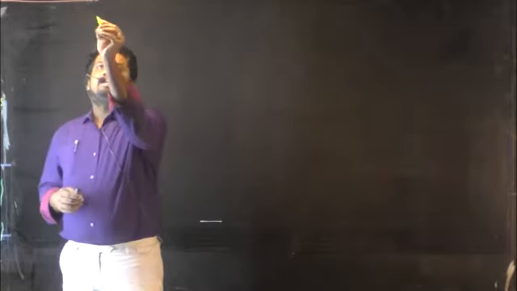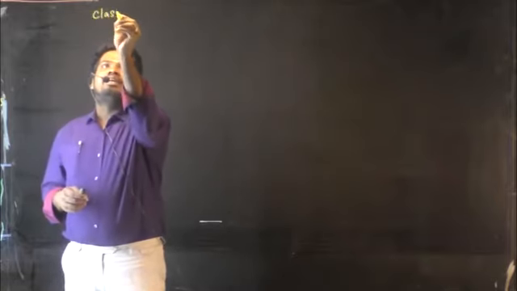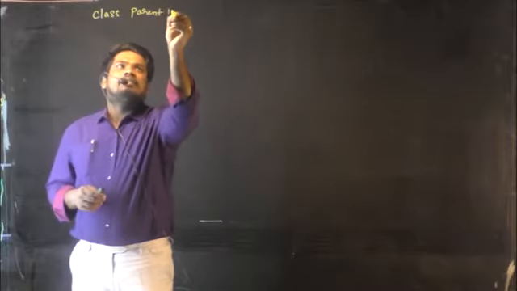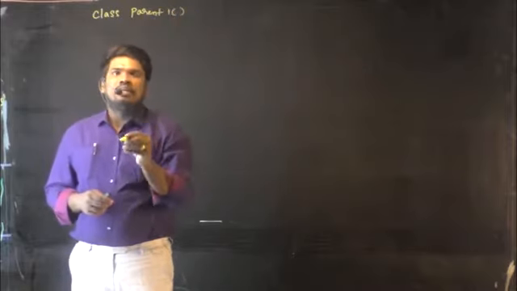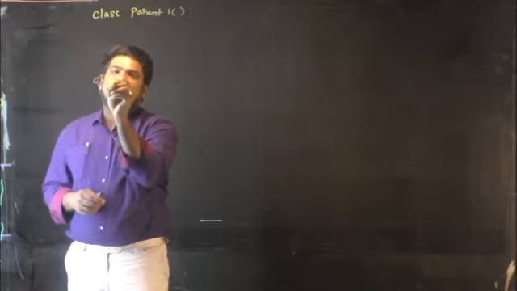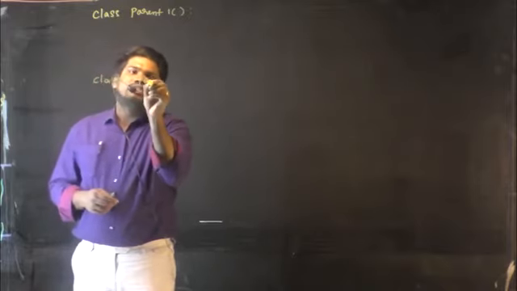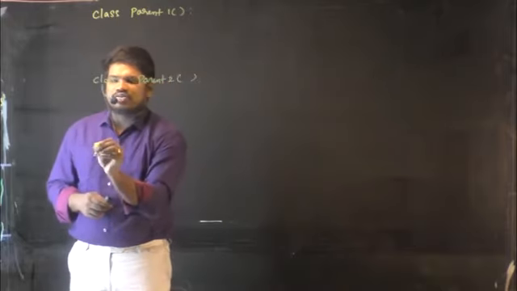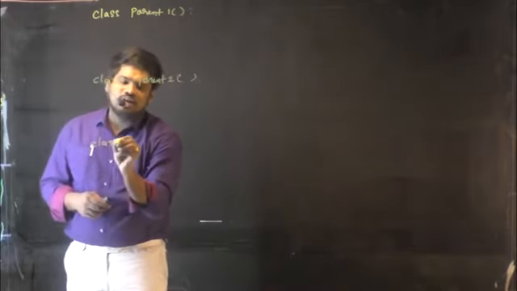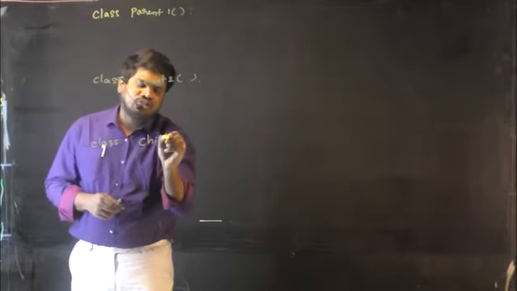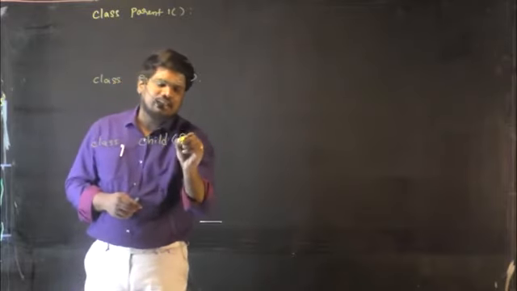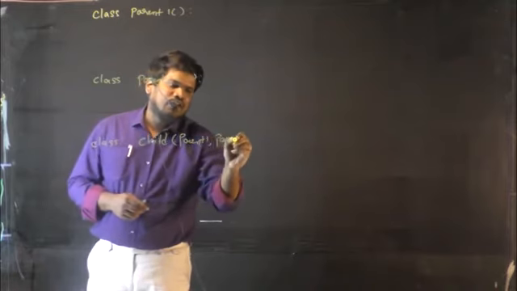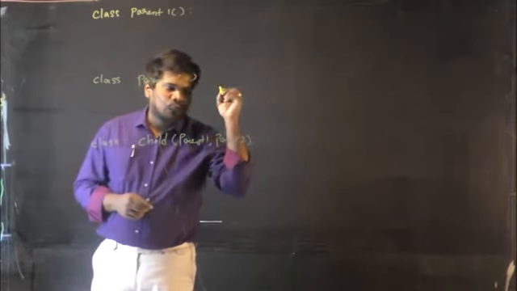I have taken one class of parent 1, and next I have taken one more class, parent 2, and the child class is taking the properties from parent 1 as well as from parent 2.